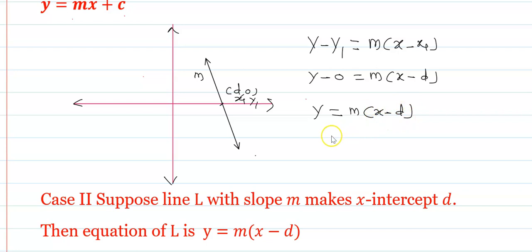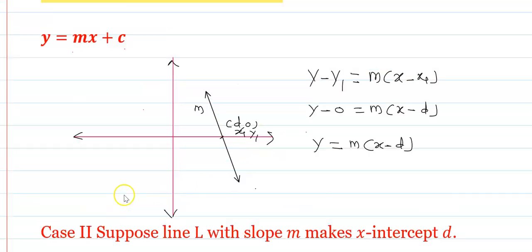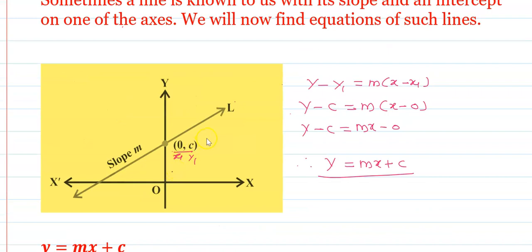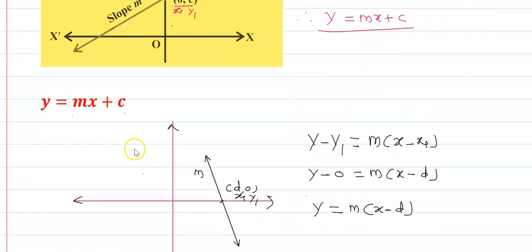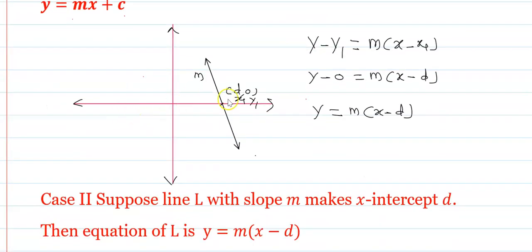This is the equation of a line where we have given the x-intercept and the slope of a line. This is the second case. This is the first case. When we have given the y-intercept and the slope, you can use this formula directly, and whenever you have given the x-intercept and the slope, you can substitute the values in this equation.